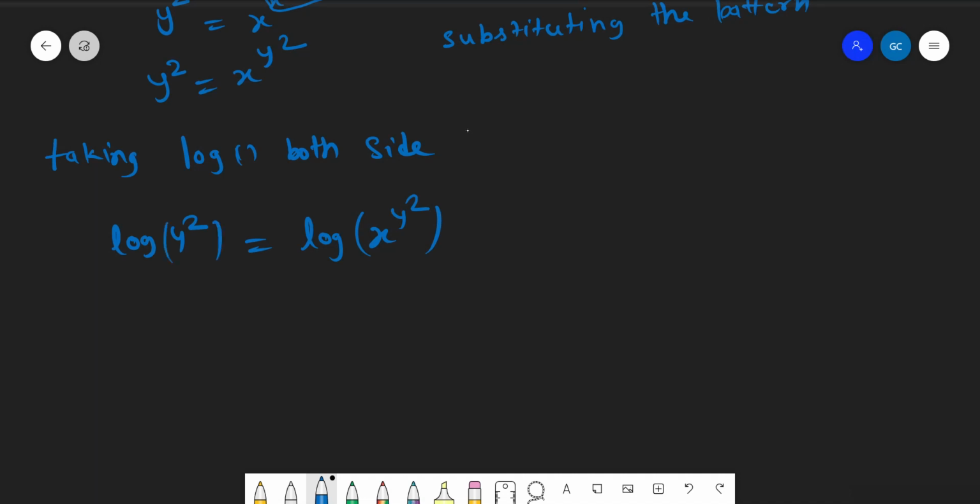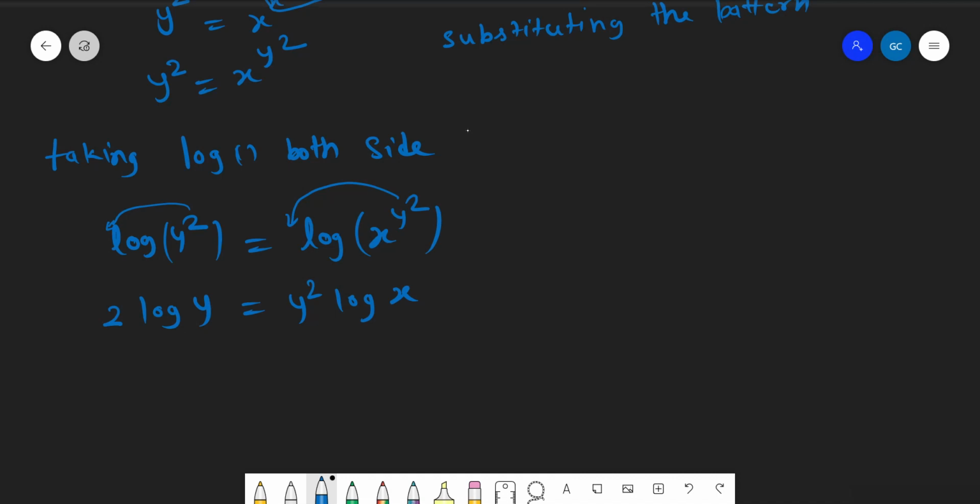As you know, the property of logarithm is that if there is any power, it comes forward. So it becomes 2 times log of y is equal to y square log of x.